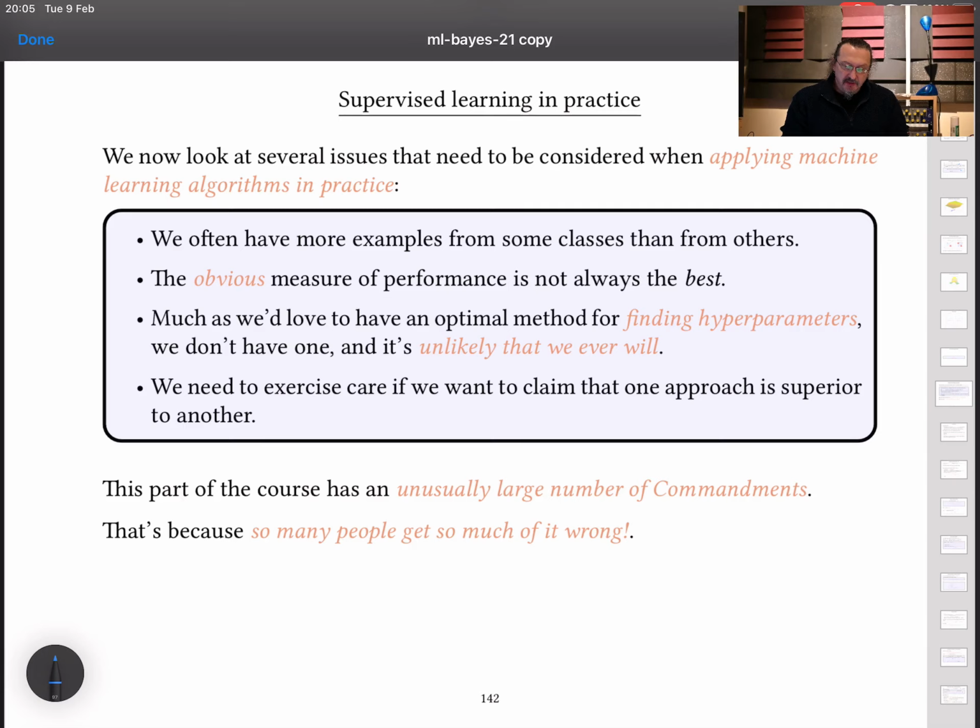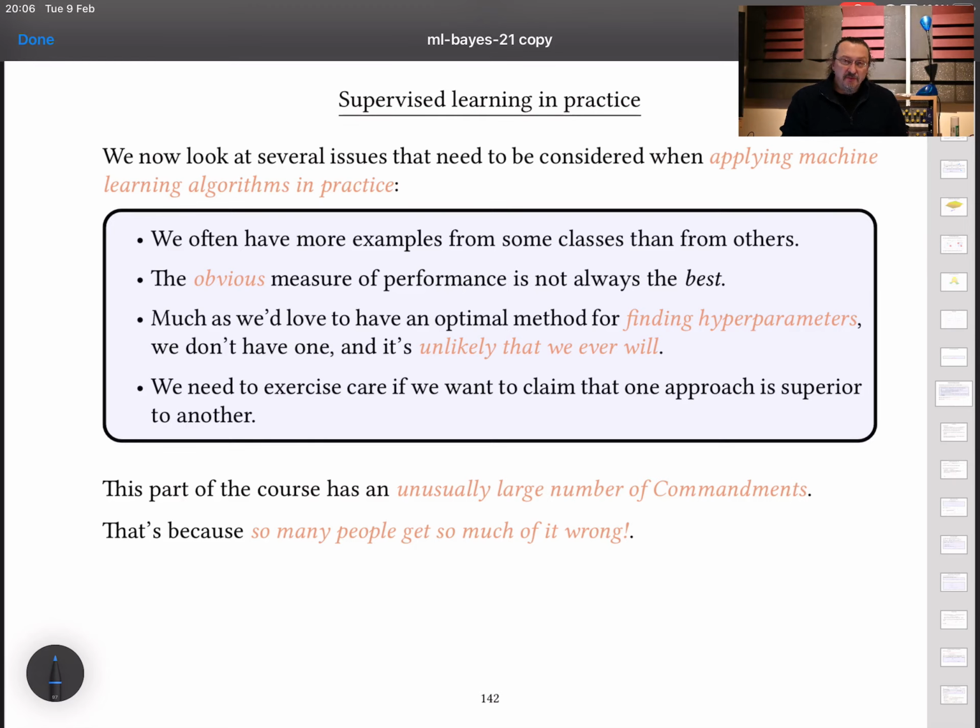There are a small number of specific things that I want to flag here. The first is that quite often in practice, even in the straightforward case of two-class pattern classification, you will come across the situation where you have more examples in one class than in the other. And this can have an effect, both in terms of how best to train your classifier, and certainly in how you then assess it afterwards.